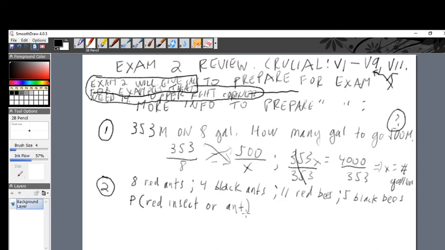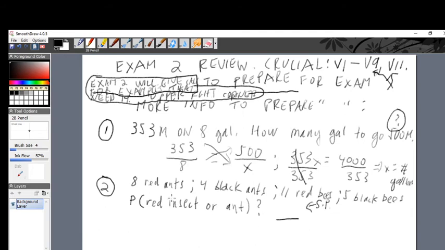So it's either a red insect or an ant. We're talking about probability, so we need a denominator and a numerator. We're going to start on the answer on scrap paper.